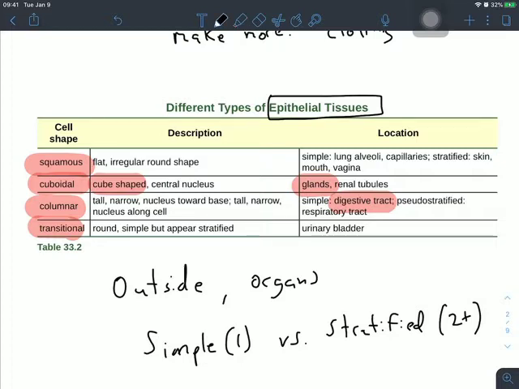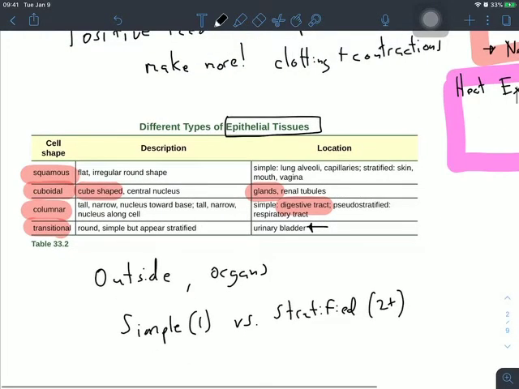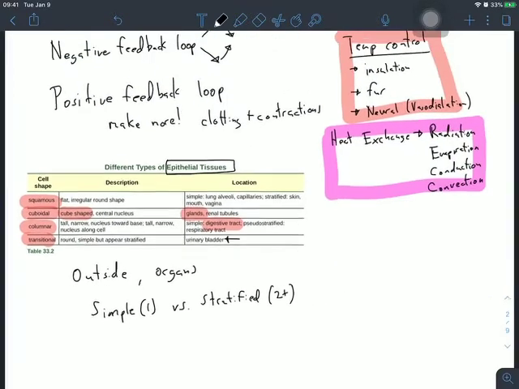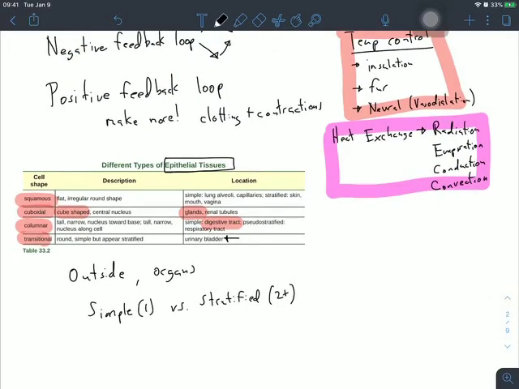Squamous, like squished. Cuboidal, like cube. And columnar, like a tall column. These different tissue types, small emphasis on transitional, but they're really only found in the urinary bladder, serve as the lining for our bodies. So epithelial tissues are very important, and we will be looking at them under the microscope.